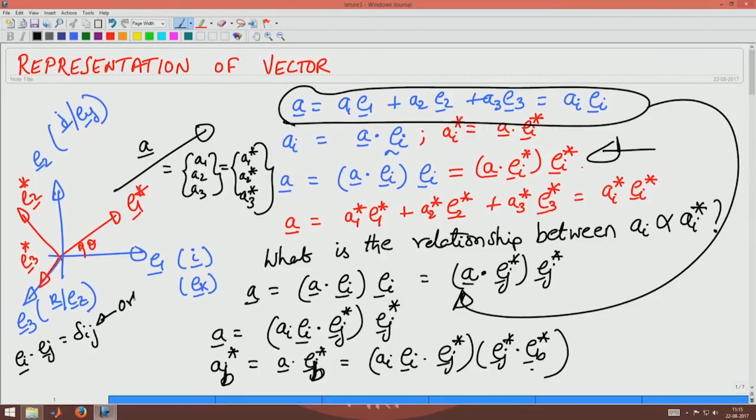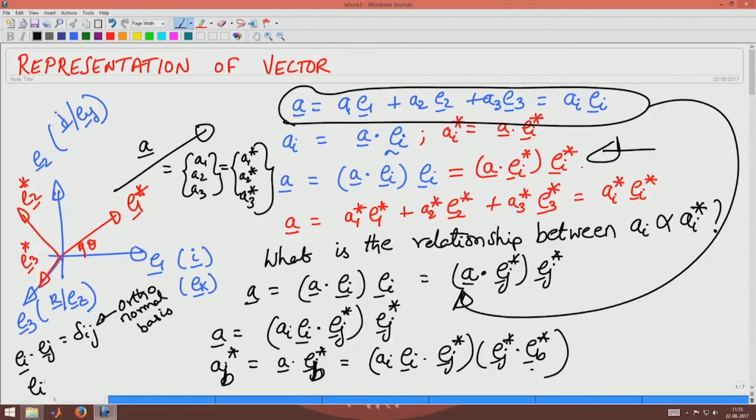The bases are orthonormal, that is the magnitude of each of these basis vectors is 1 and they are mutually orthogonal. Okay. E1 dot E2 is 0, E2 dot E3 is 0, E3 dot E1 is 0. So, they are mutually orthogonal and the magnitude of each of these vectors is 1, that is what orthonormal basis means here.